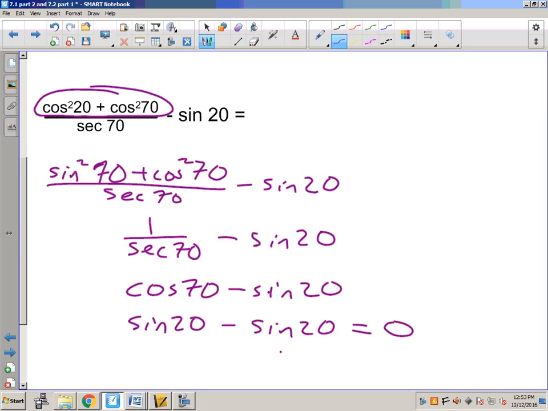And then you ended up, well, I guess it wouldn't have mattered, still ending up with a 1 on the top. Earlier today, I had somebody turn the sine 20 here into 1 over cosecant 20. So there are different ways to do it, but you need to show only one step at a time, and you've got to show the whole thing.